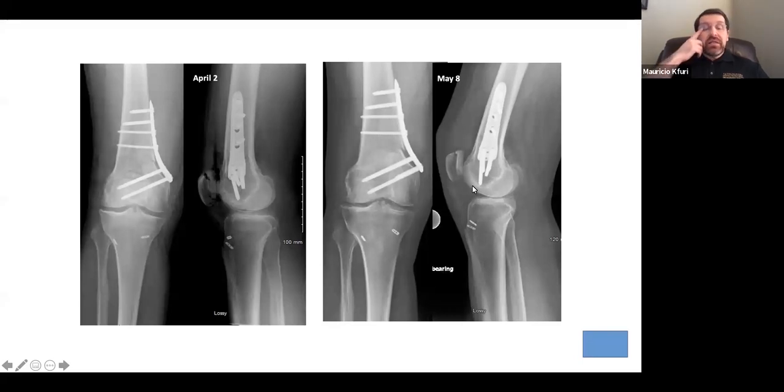And you see that the osteotomy also has no displacement in the lateral projection. You cannot see the osteotomy there. It's a biplanar cut. You cannot see it. And it seems that the hinge is protected as well, which means that it could be a case where the healing should be very fast.